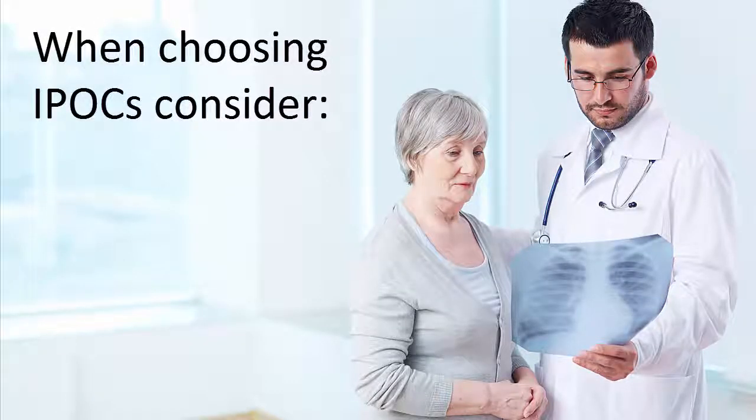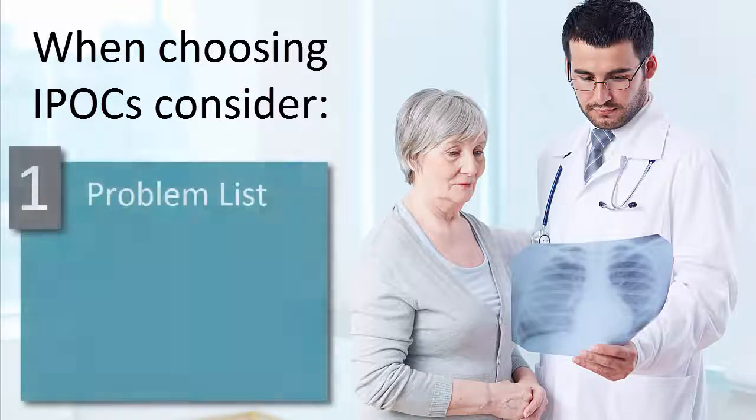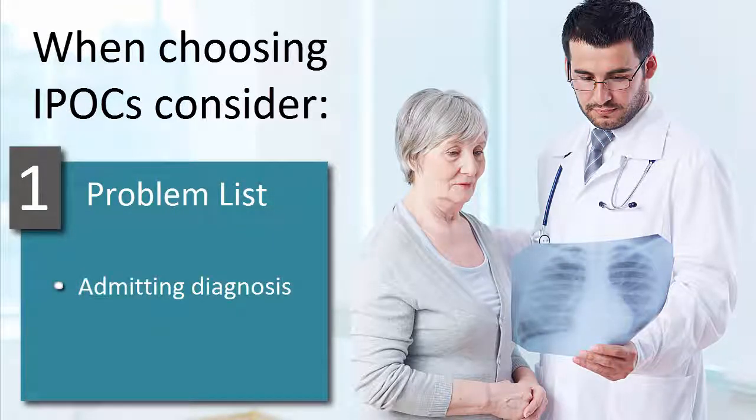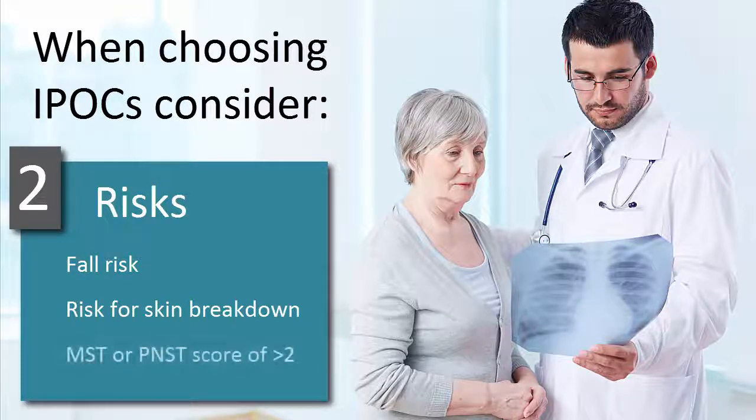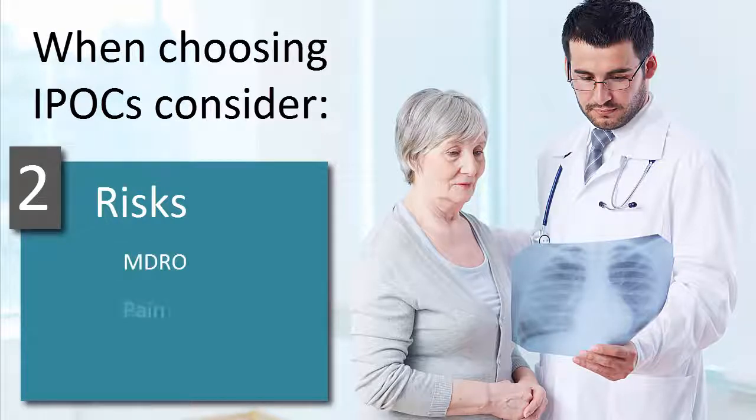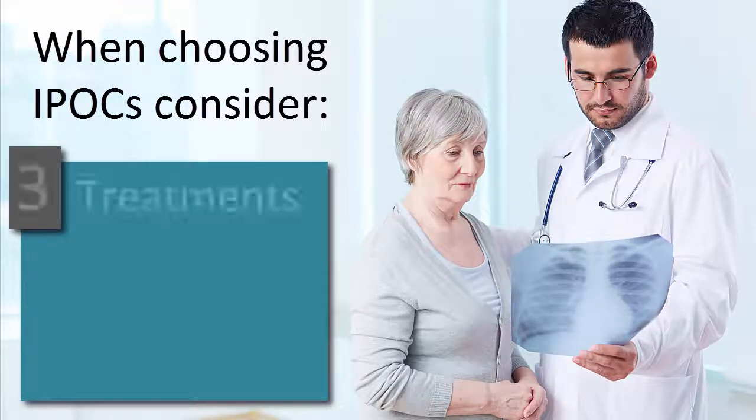When picking IPOCs, it may help to go over the following questions. 1. What is the patient's admitting diagnosis? What is their past medical history? 2. Is the patient at risk or have an assessed issue related to a fall risk, risk for skin breakdown, an MST or PNST score of greater than 2, an MDRO, pain, risk for VTE, restraints, or a learning barrier? 3.